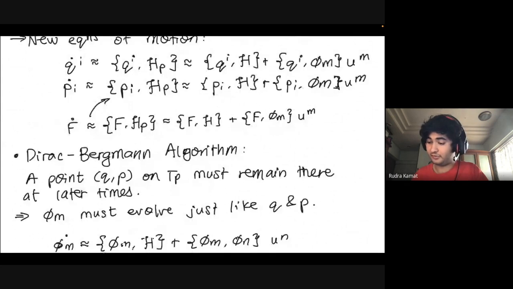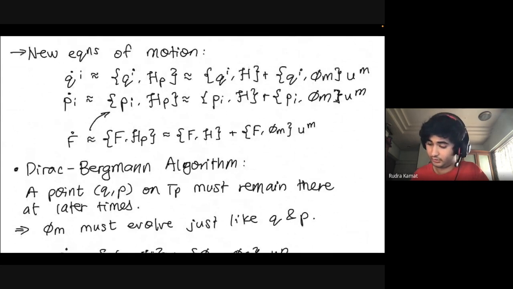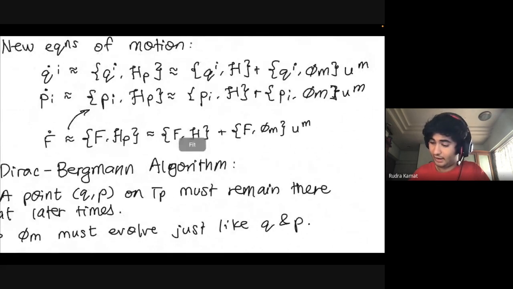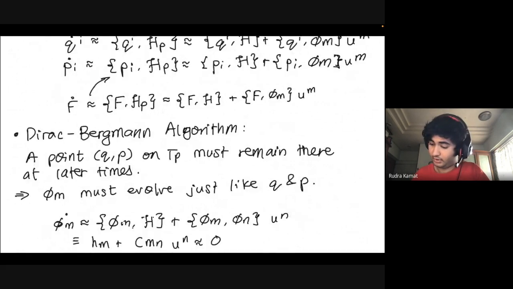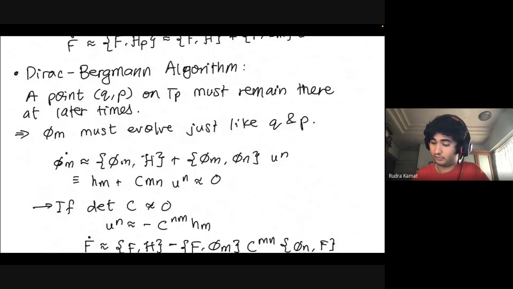Right now, what we have is just time evolution in these equations, but we also want q at a later time and p at a later time to remain on the constraint surface.